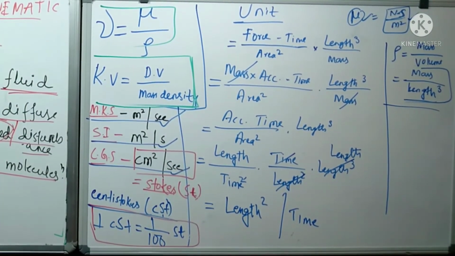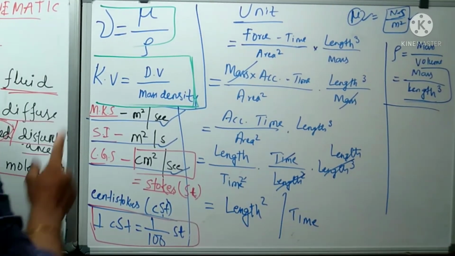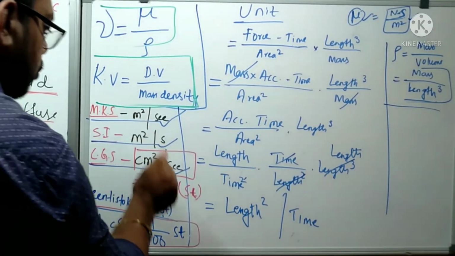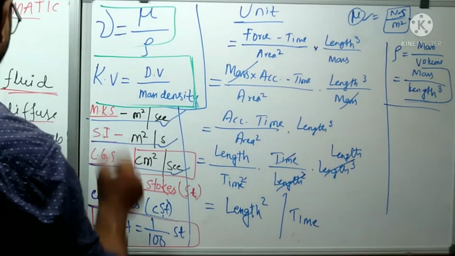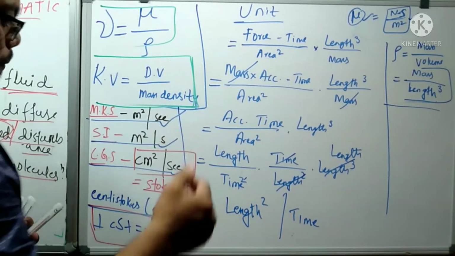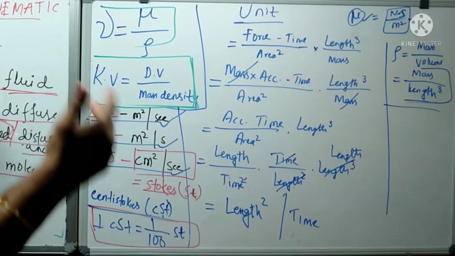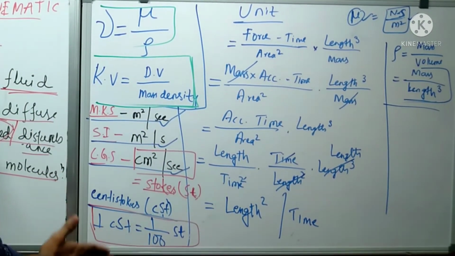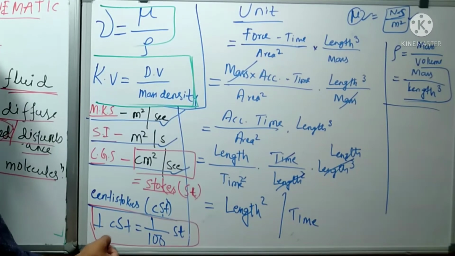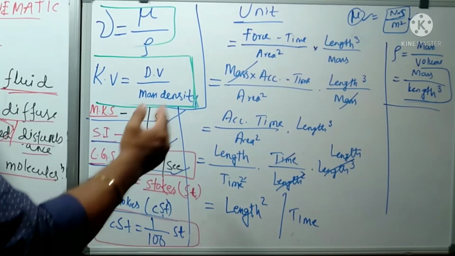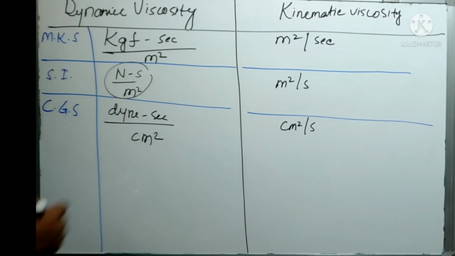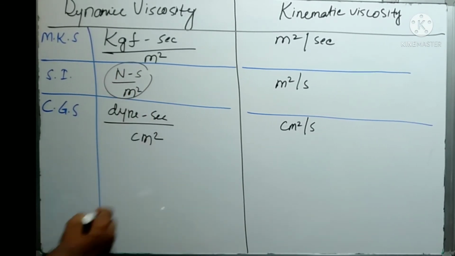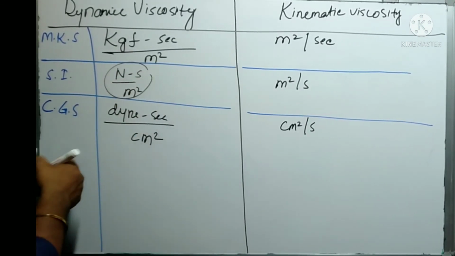So remember, for dynamic viscosity, the CGS unit is known as poise, and there is another unit, centipoise. 1 centipoise is equal to 1 by 100 poise. Similarly, in the case of kinematic viscosity, 1 centistoke is 1 by 100 Stokes. This SI unit, Newton second per meter square: this Newton per meter square is also known as Pascal.